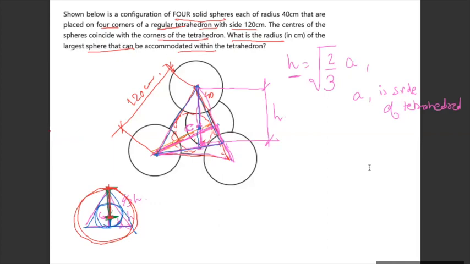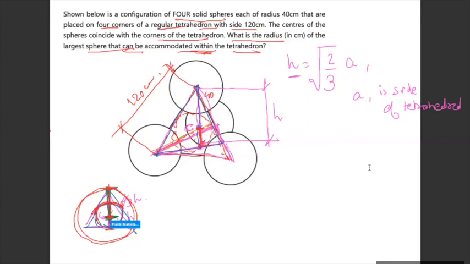So if I were to find the largest sphere that can be accommodated within the tetrahedral, the radius of that sphere will have to be 1/3 of the height of the tetrahedral, because the sphere is inscribed within the tetrahedral such that it will touch all the faces of the tetrahedral. In that case, the sphere radius will have to be 1/3.